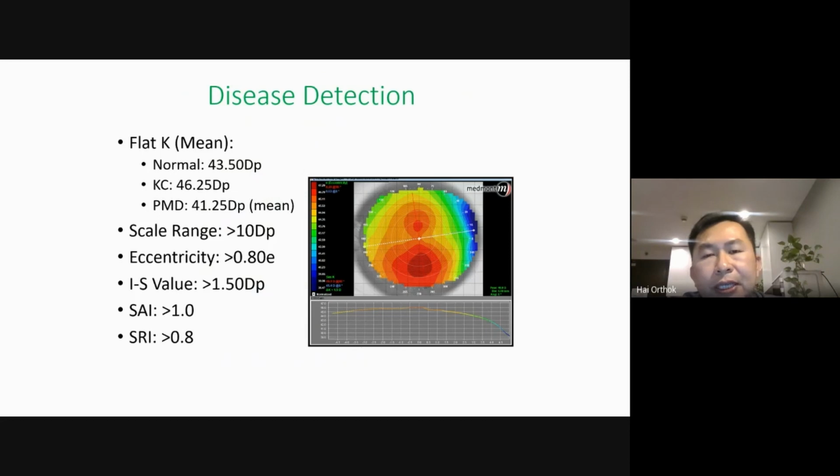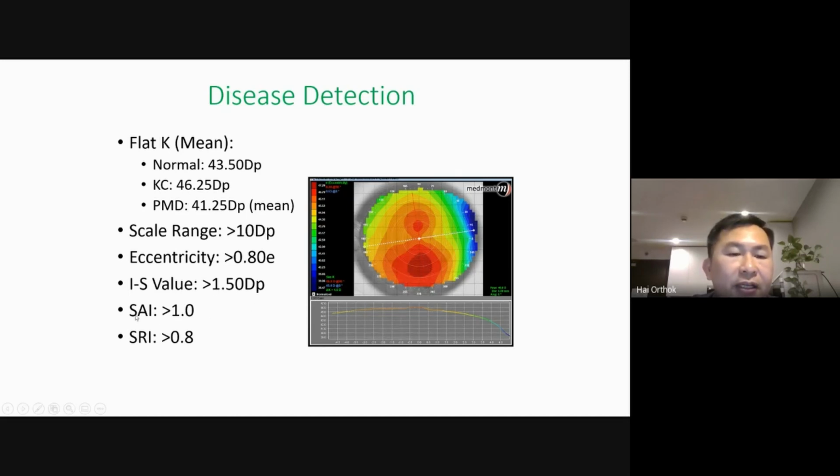If you use the Masmon topographer, they have other disease indicators, with a scale of 10 diopters. That means the difference between the steepest and flattest is over 10, eccentricity over 0.8, and the IS value, inferior and superior: the difference between 3 millimeters on the bottom and 3 millimeters superior is 1.3 diopters.